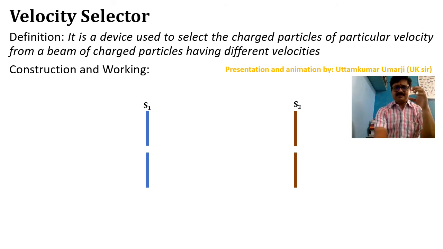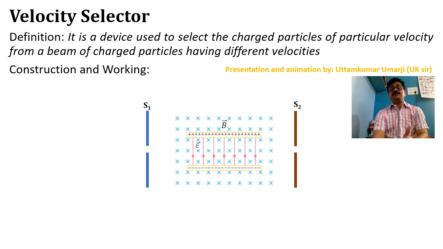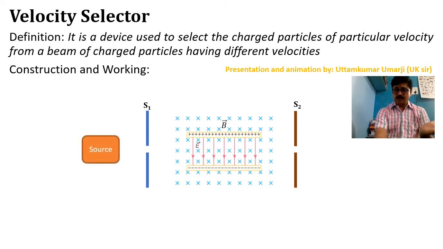Thus a beam of charged particles can be very easily introduced by using a slit. In between these two slits we have the cross field, electric field and magnetic field, as you can see on the screen.